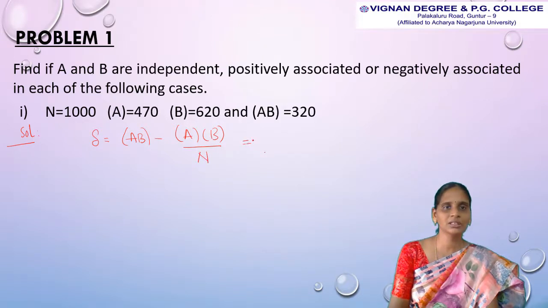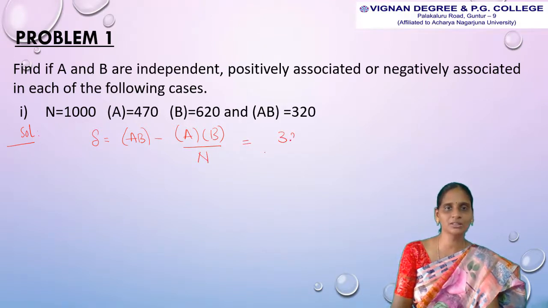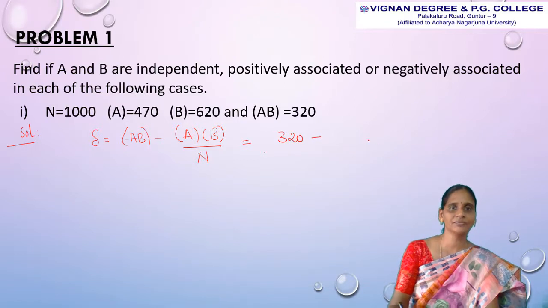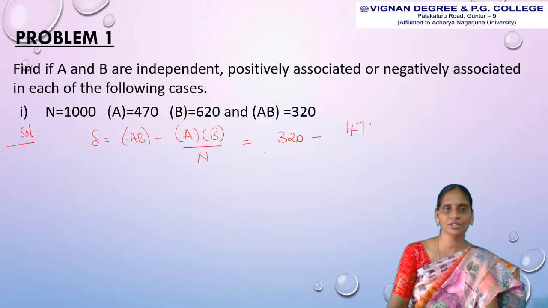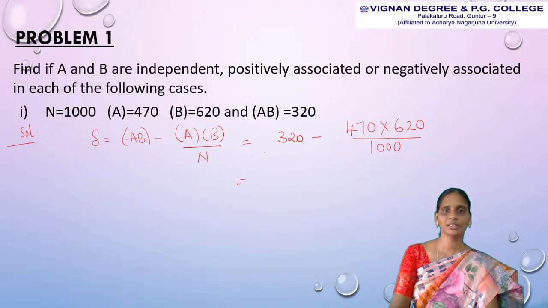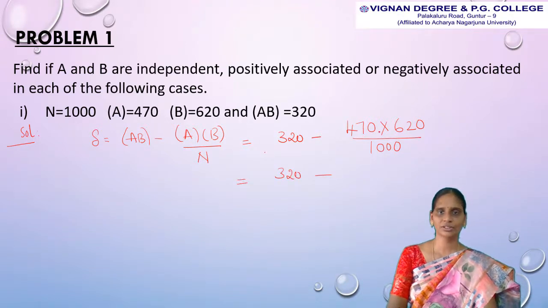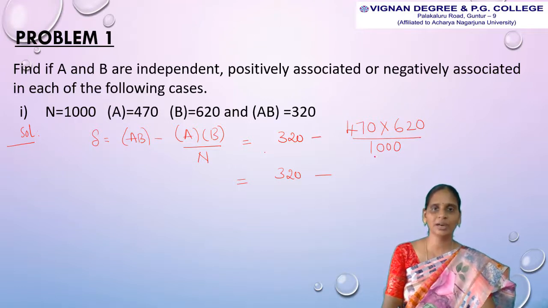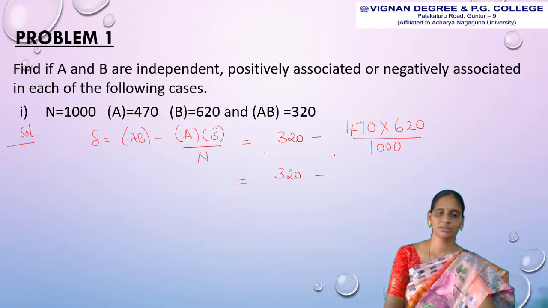So here the value of frequency of AB is 320 minus frequency of A is 470 into frequency of B is 620 divided by 1000. We get here 320 minus 470 into 620 divided by 1000.